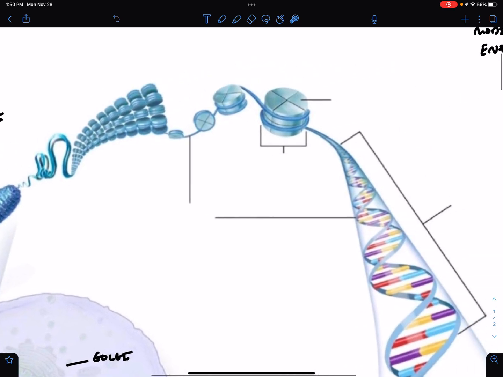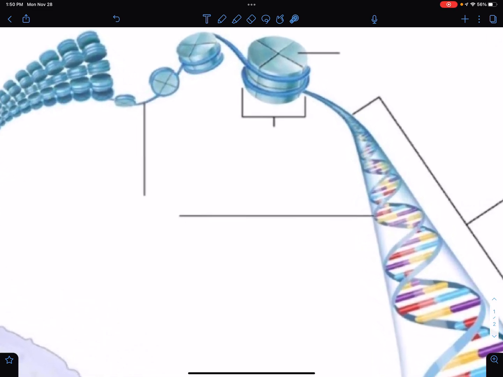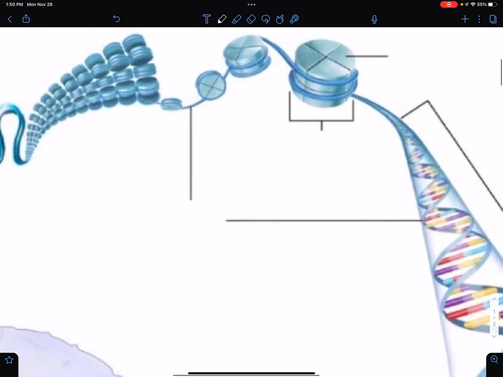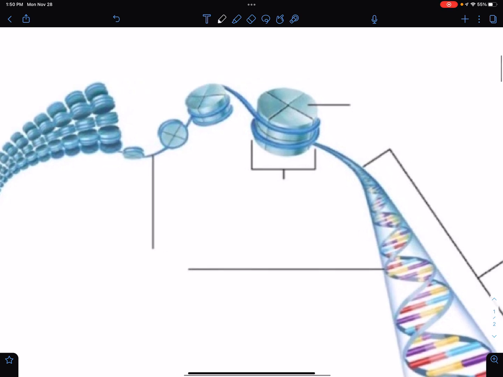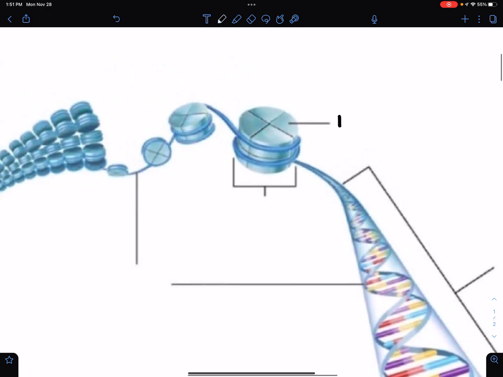The DNA is really very specifically organized and packaged around proteins called histones.